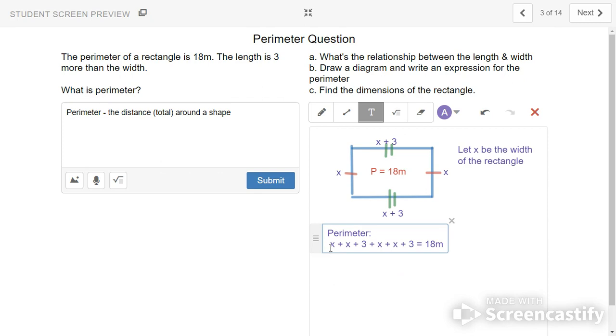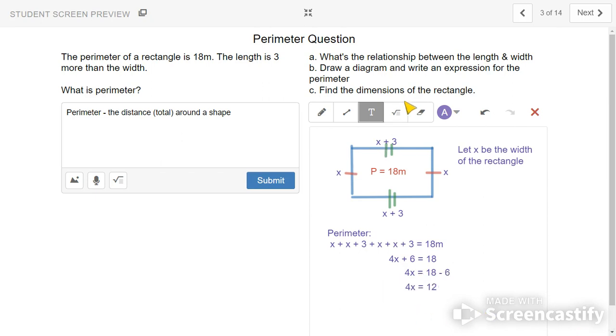Let's continue. We're going to collect our like terms. So I have 1, 2, 3, 4 x's. And number-wise, I have 3 plus 3, and that gives us 6. So 4x plus 6 is equal to 18. Let's rearrange it. So 4x is equal to 18 minus 6. 4x is equal to 12.